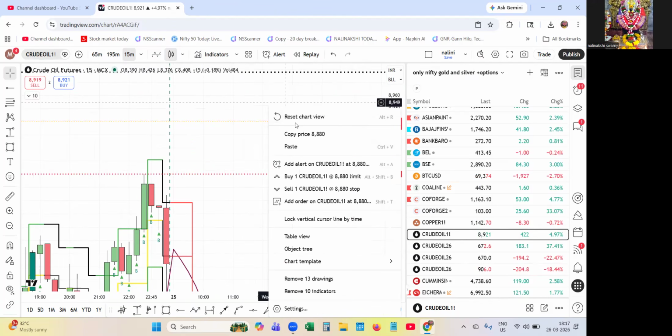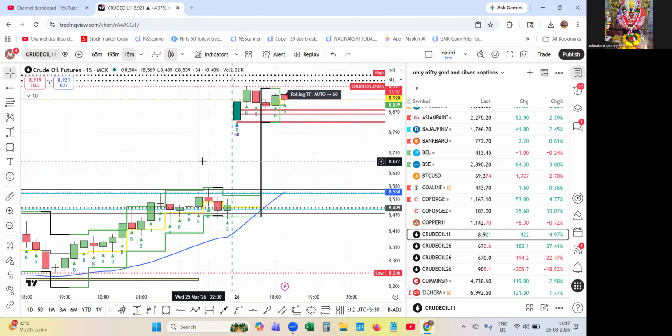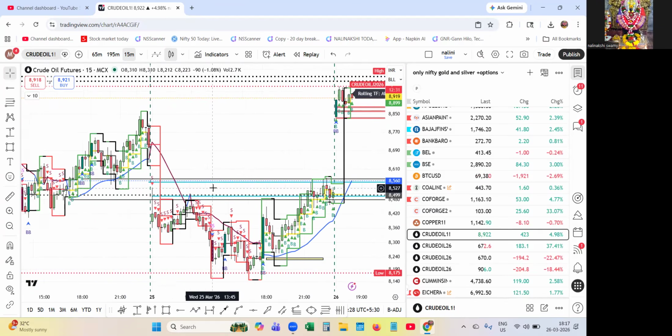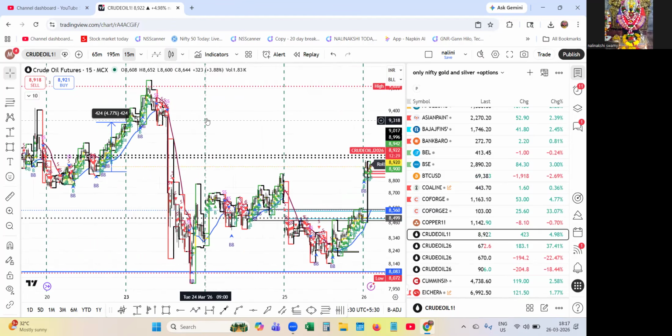On 15 minutes, it has opened trading above the pivot, R1. So you are not bothered and not going to go there and check. Since it is a gap up, you have got a reference level over here.